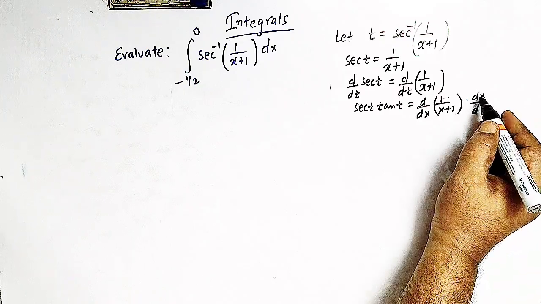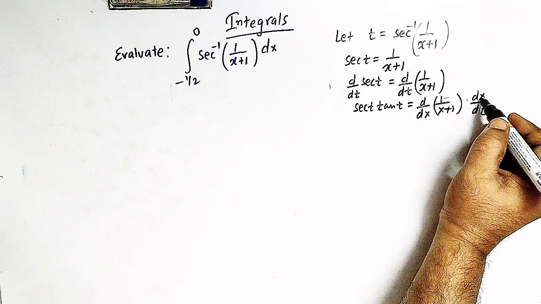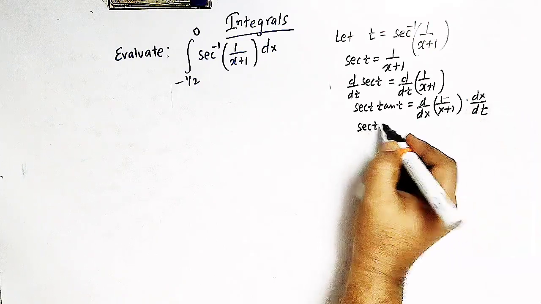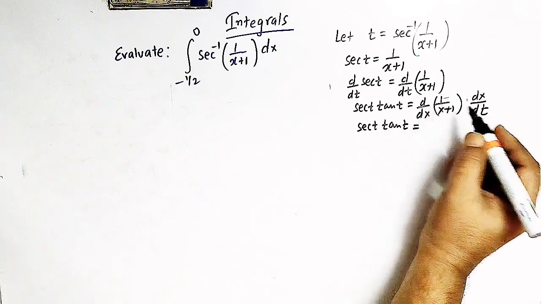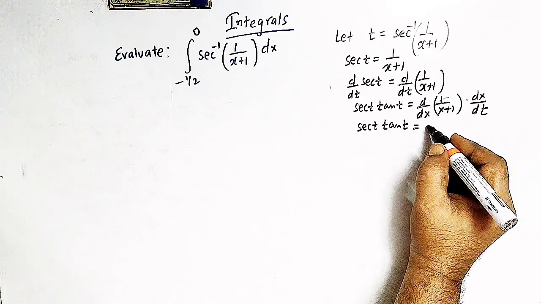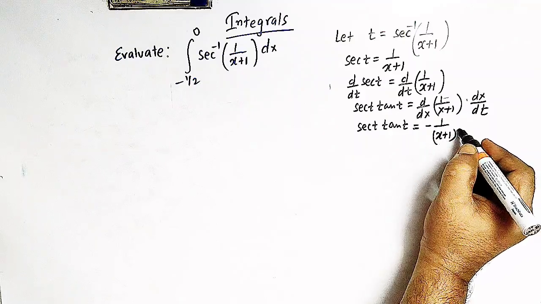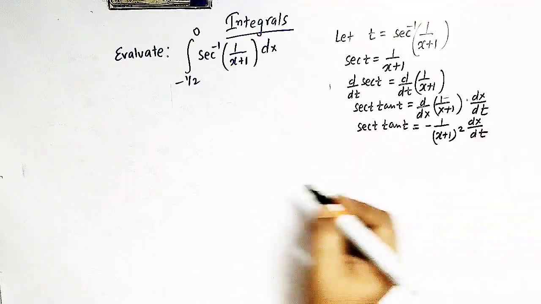So by chain rule we have written d by dx of 1 over x plus 1 and then dx over dt. So we can now write secant t tan t, and the derivative of 1 over x plus 1 is minus 1 over x plus 1 square, and here we have dx over dt, right?